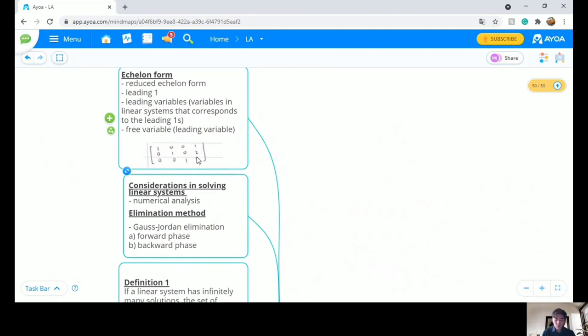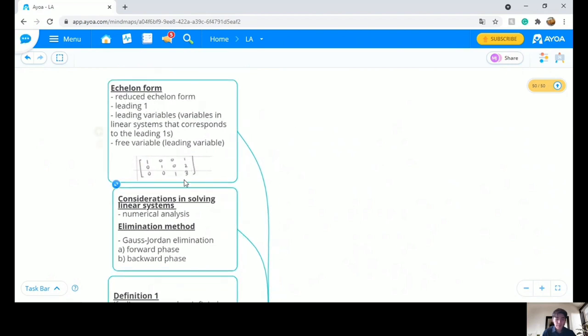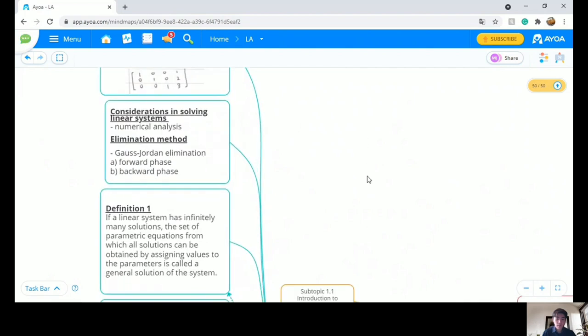If any successive rows do not consist entirely of zeros, then there would be a leading one, which would be further to the right. And each column that contains a leading one has zeros everywhere else in the highest row. As you can see, there will also be free variables, or known as leading variables, here further to the right.